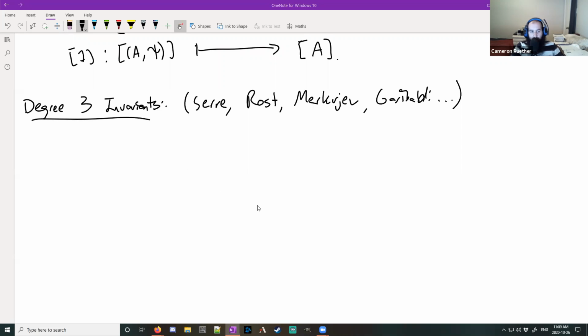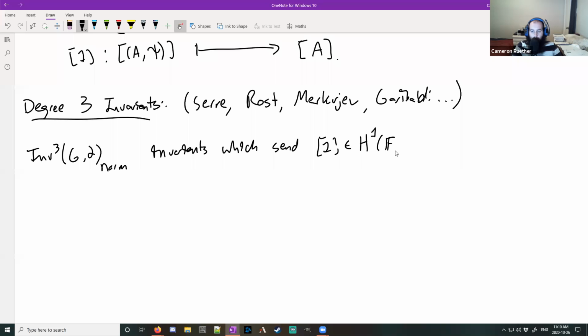And so in order to understand this group of degree 3 invariants, there are some subgroups that we name for convenience. The first one is we restrict our attention to what are called the normalized invariants. These are just invariants which send the trivial F-torsor, or the trivial object in H1(F, G), which I'll write as the class of 1, to 0 in H3 of Q mod Z tensor Z2.